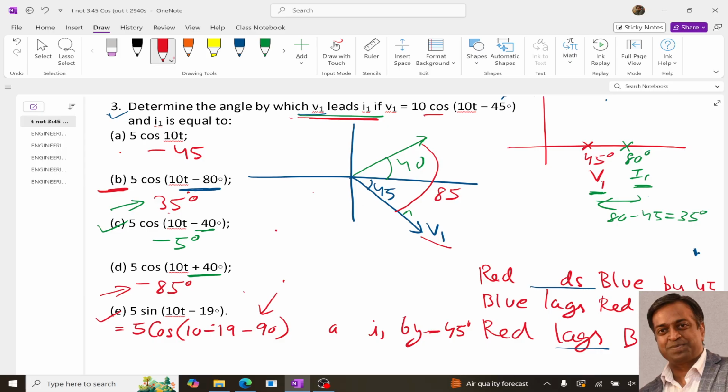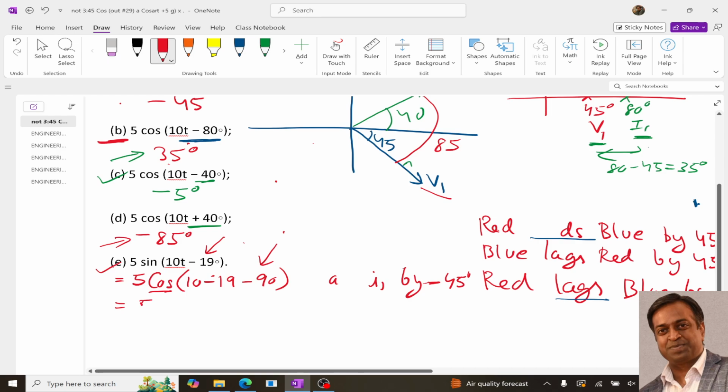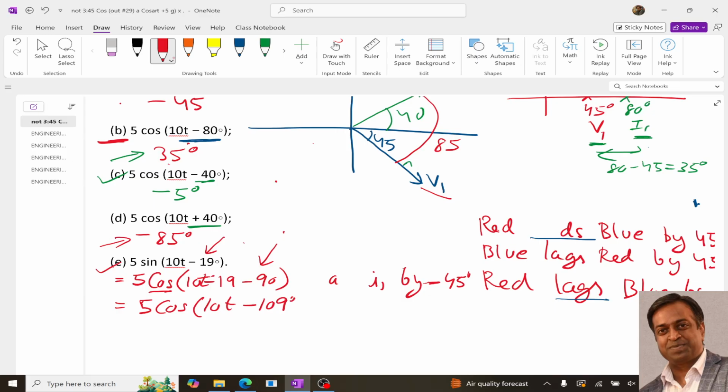But simply if I add or subtract 90 to this angle, then this sine will become cosine, right? So it means it is our 5 cos 10t minus 109 degrees. And now we can compare.